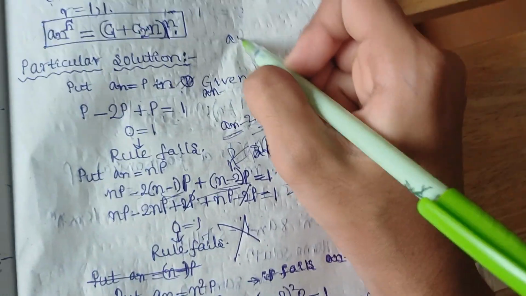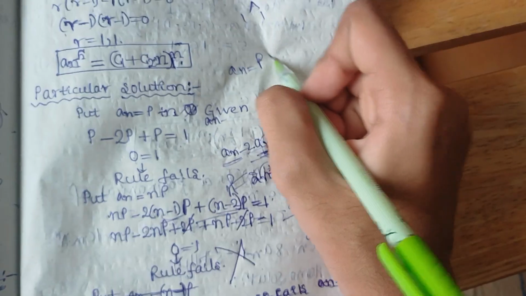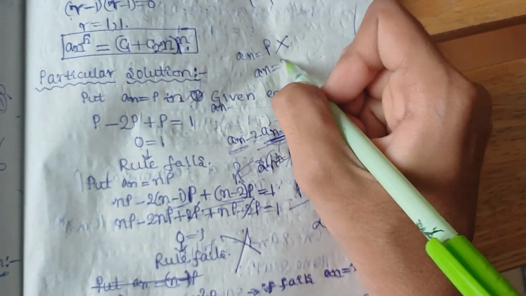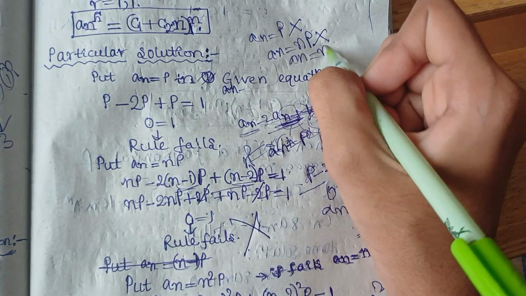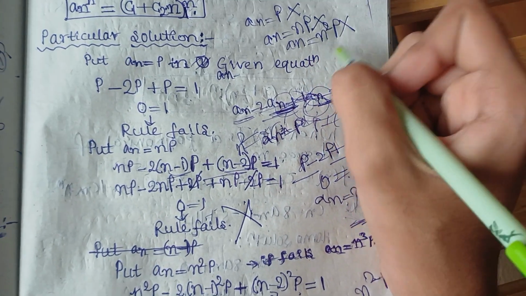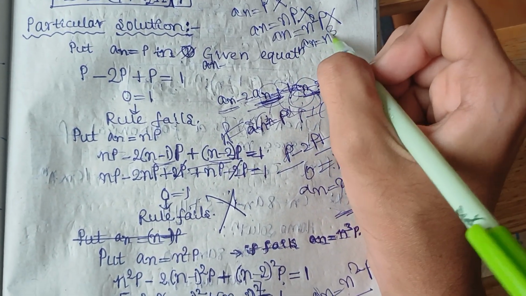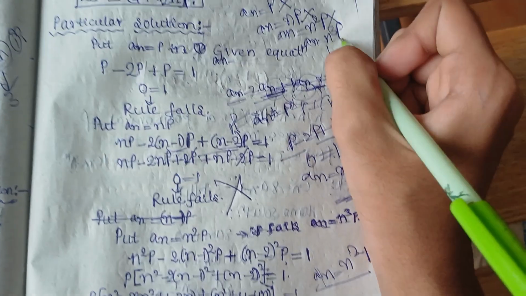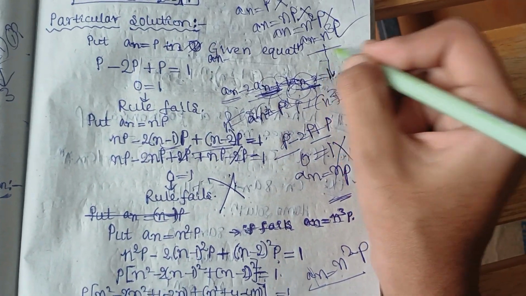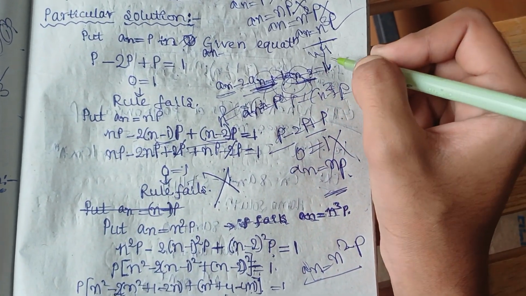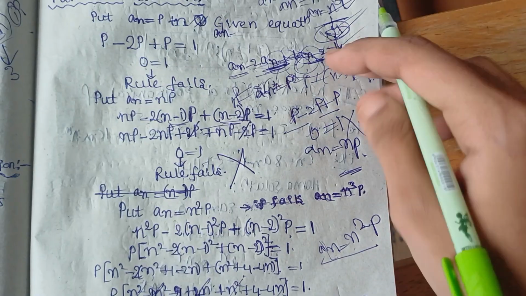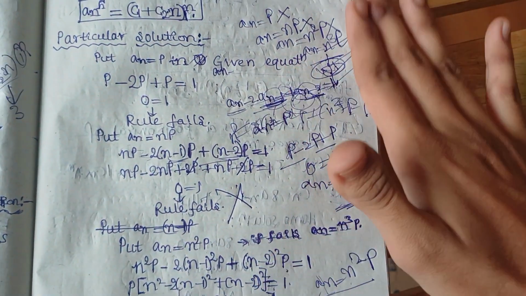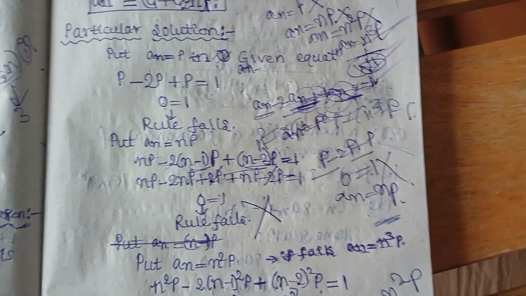If an is equal to p fails, take an is equal to np. If this condition also fails, you have to take an is equal to n square p. If this also fails, an is equal to n cube p, and so on till you get satisfied. Mostly it will get satisfied by n cube or n power 4. Beyond that you will not get.